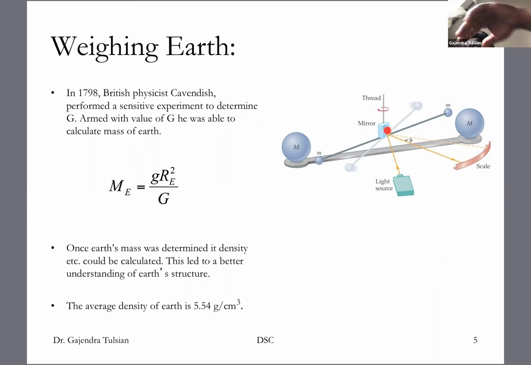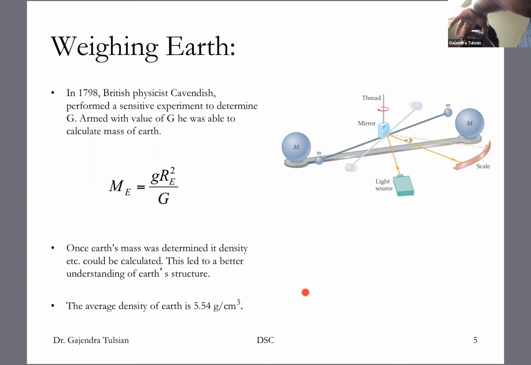Initially the heavy spheres were low down, far away from the light spheres. They can be raised and lowered. So this was the initial position of the little spheres.